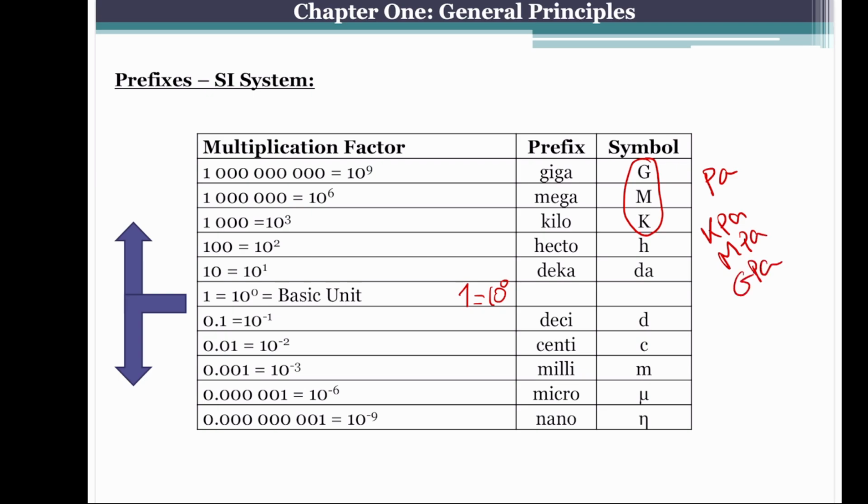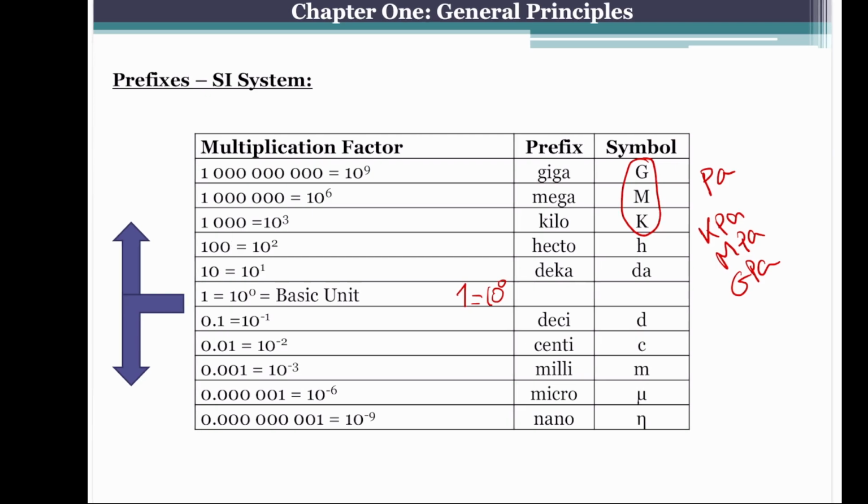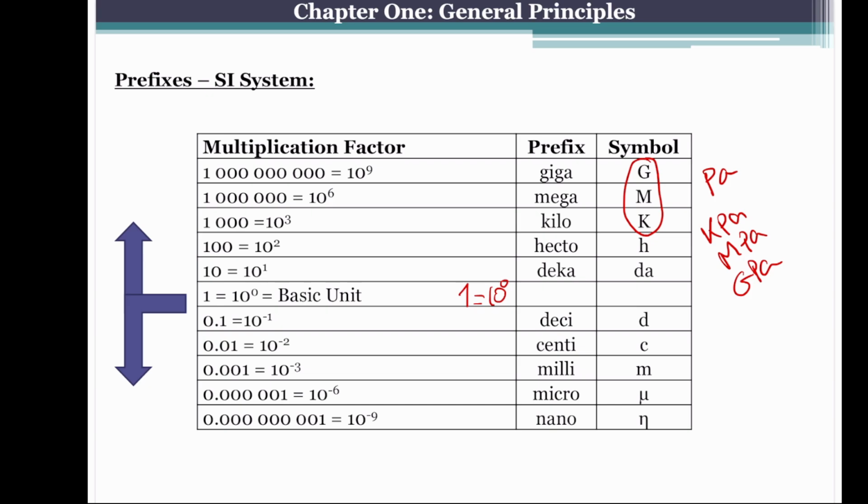Let's talk about the other way of the prefixes, when you describe it as a fraction of that one. So when you have 0.1, it's deci, then 0.01, it's centi, and so on. So for instance, if we're talking about centimeter, it's 0.01 meters. If you're talking about millimeter, it's 0.001 meter, and so on.